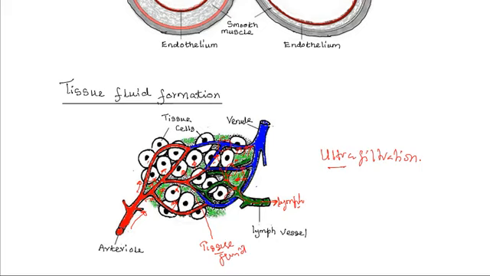Some of the tissue fluid seeps back in at the venule end and thus rejoins the blood circulatory system, while some of the tissue fluid will filter back into the lymph vessel, which makes up the lymphatic system, and through the lymph vessels, the lymph is taken back to the blood circulatory system, and the process continues on and on.